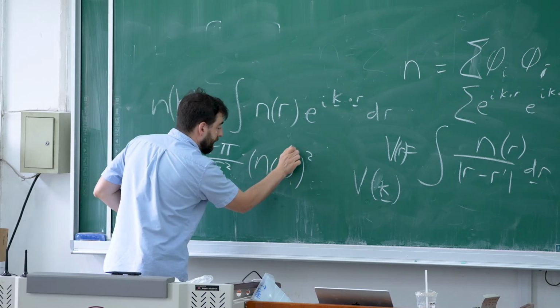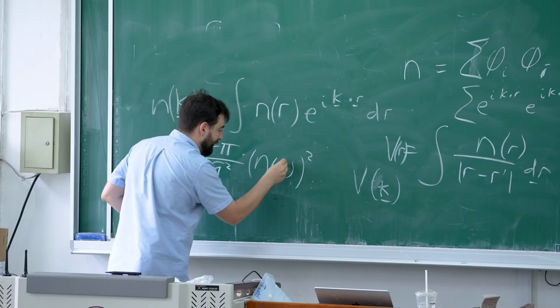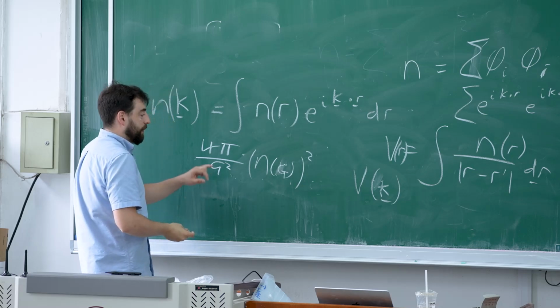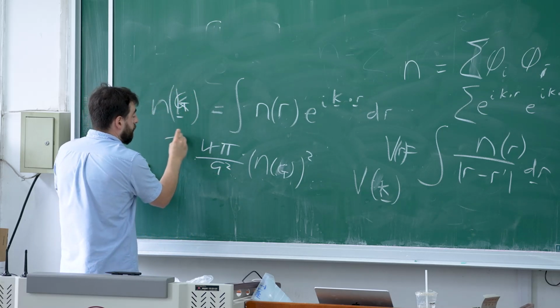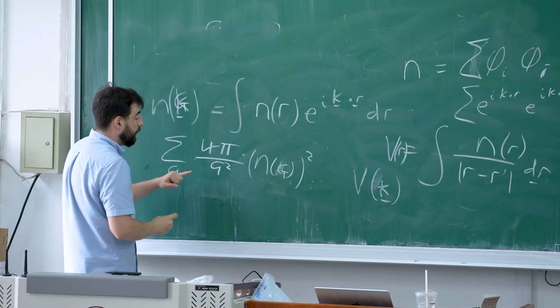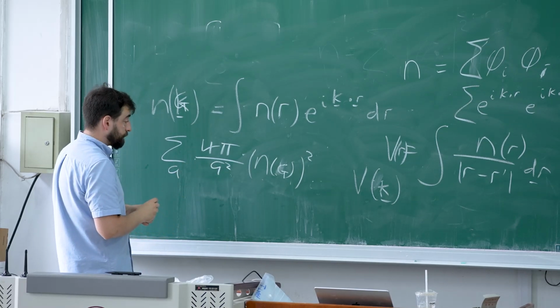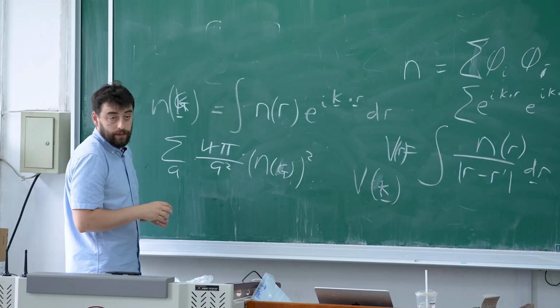I keep writing K. I don't know why. Never mind. Right, G. So if we sum over G there, then what we get is V of K, right?